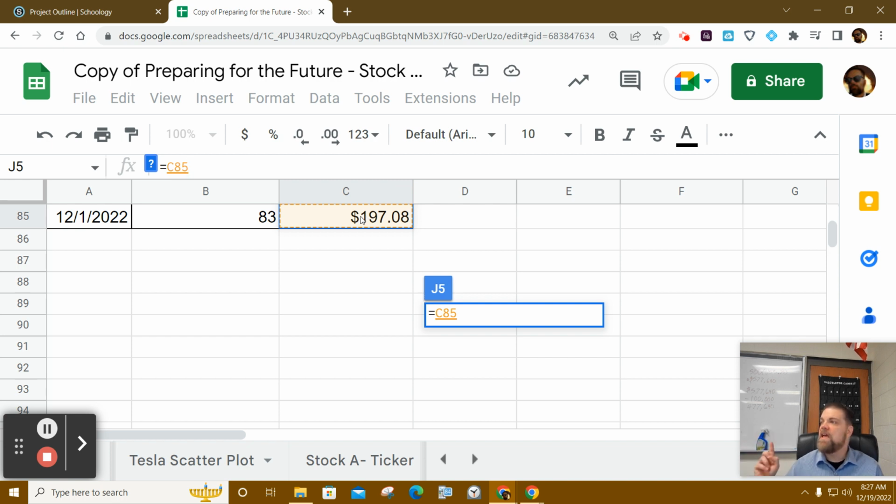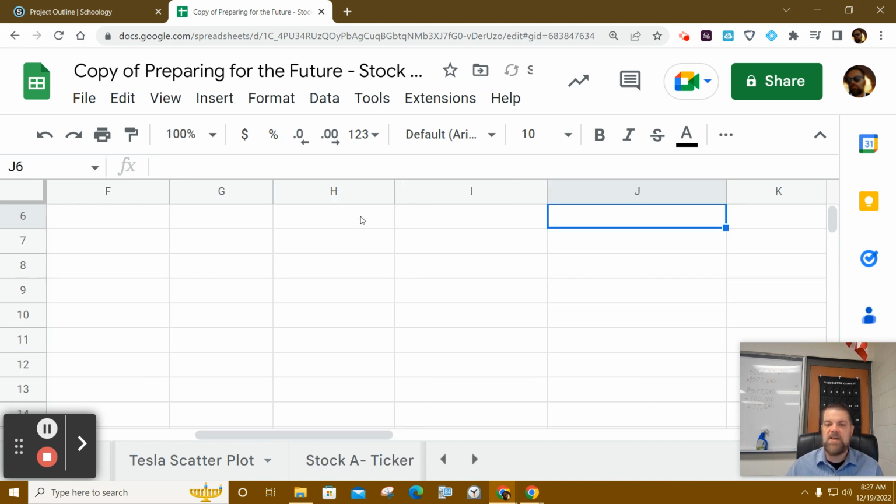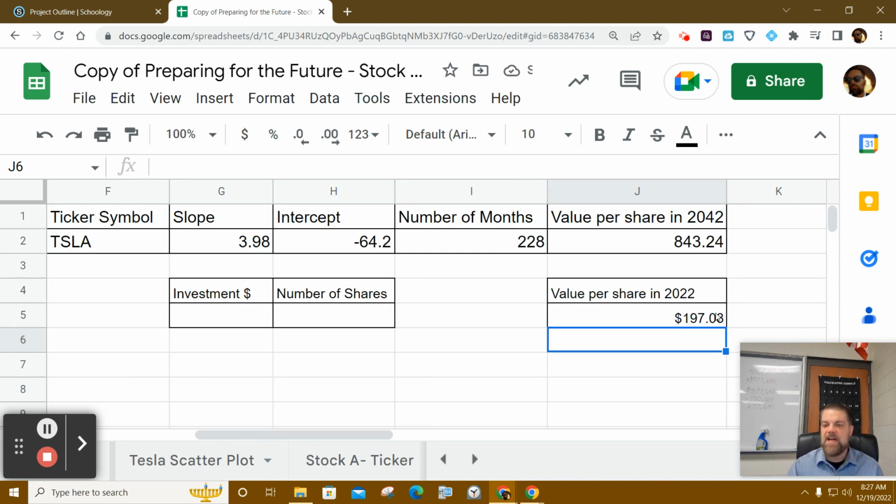So now what do I hit after I enter in a formula? Enter or return, depending on your computer. Now I've got to go back up and see how it copied and pasted that. Double check and make sure it should be C85, but some of you had some stocks that weren't from 2016 to 2022. So where that value comes from is the last one at the bottom of the list.